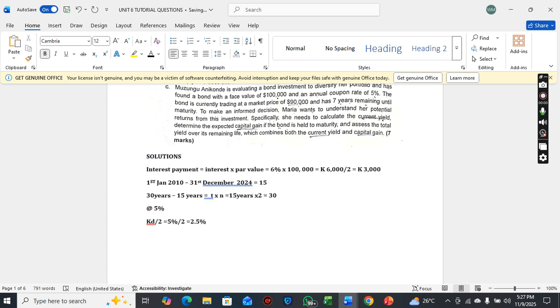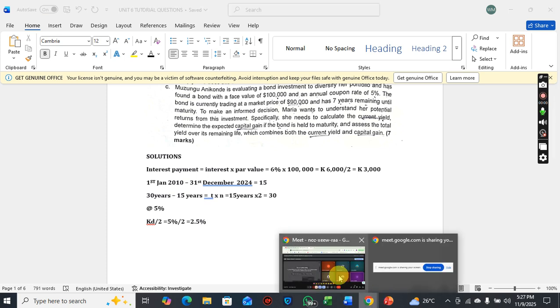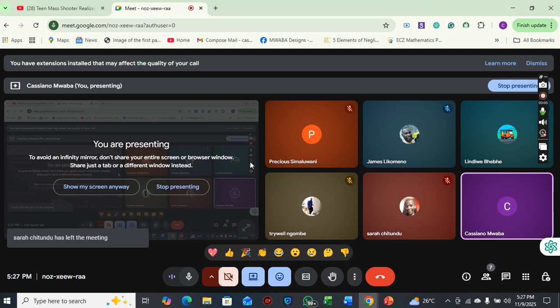Those are the adjustments you need to do, colleagues, when the interest is paid semi-annually: the interest payment divided by 2, the time period multiplied by 2, and the discount rate, which is the cost of debt, divided by 2. Those 3 adjustments. Any questions before we move further?